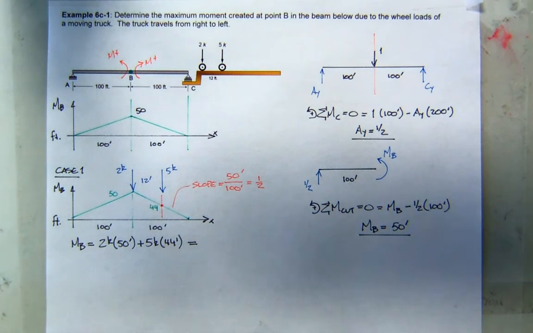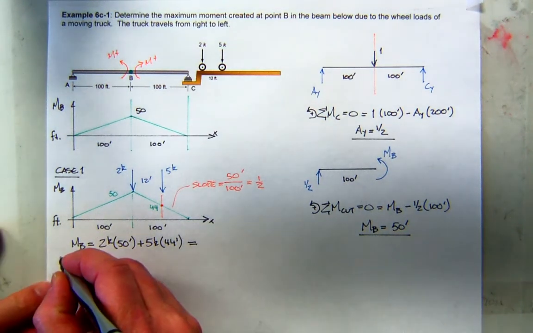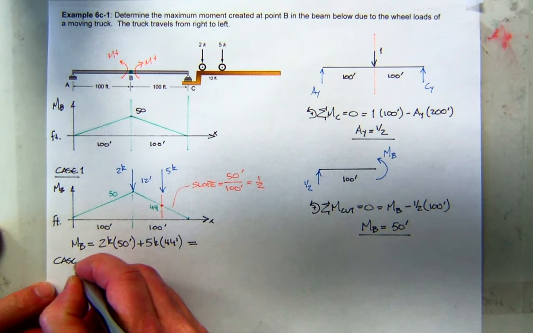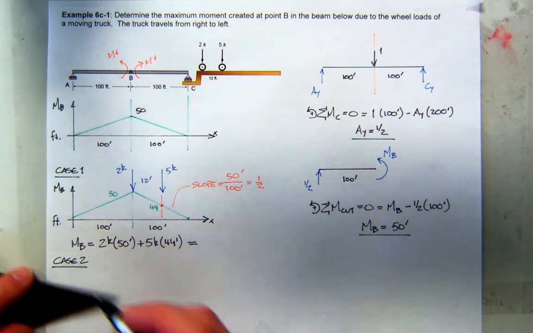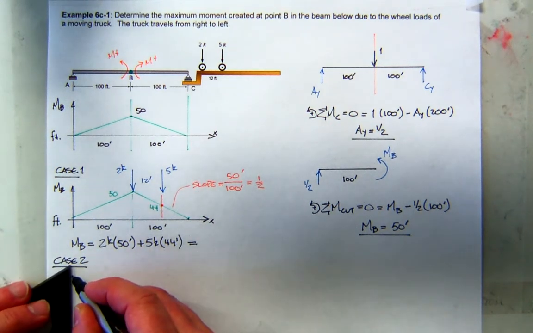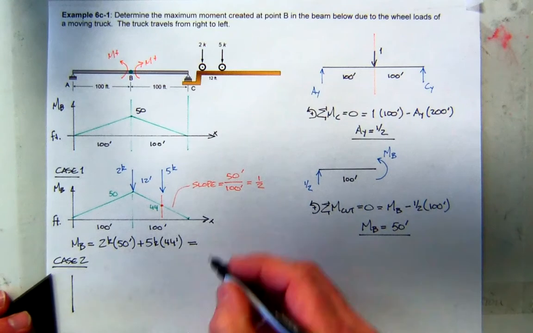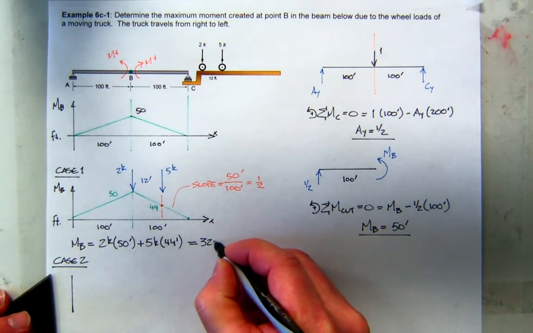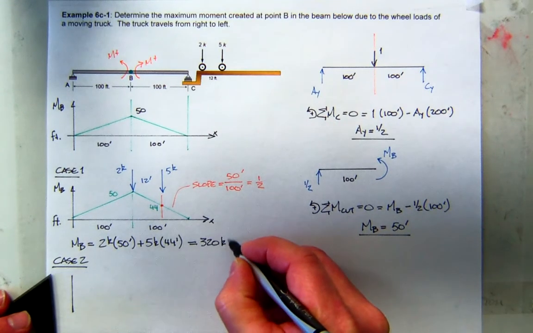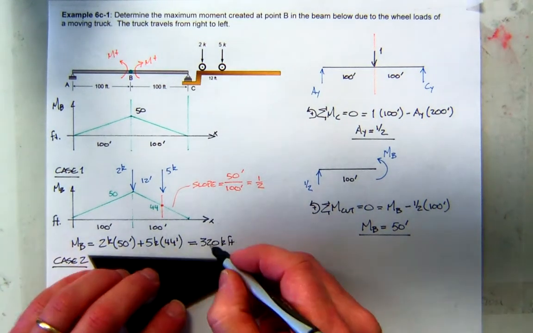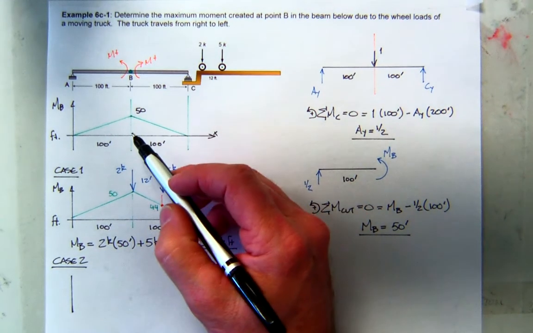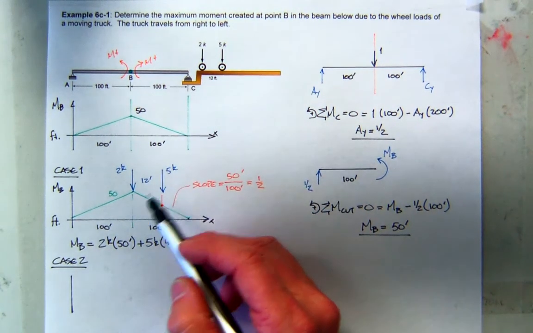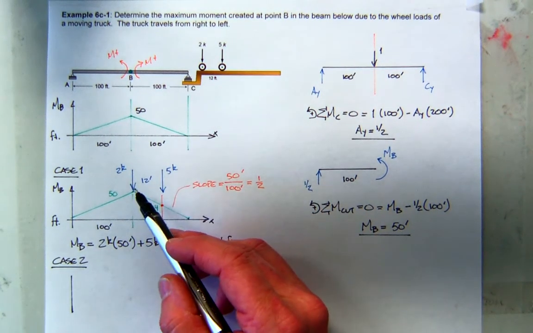Somebody check me on that. I got 320. You guys got 322? So that'll be kip feet. So that's the moment at B for this position, with the front load, the 2 kip load being right at B.